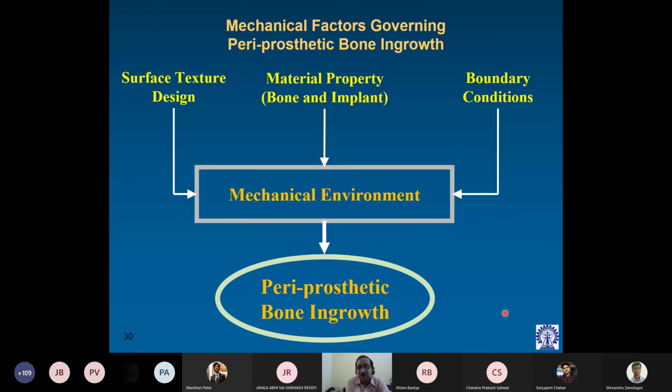Now, as you all know, the mechanical factors that govern periprosthetic bone ingrowth are surface texture design, material properties of bone and implant, and most importantly, the boundary conditions. All these three together influence the mechanical environment, and thereby periprosthetic bone growth.